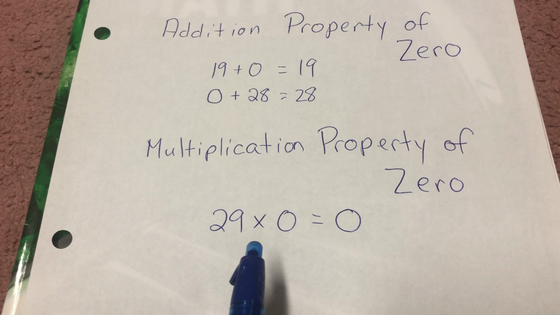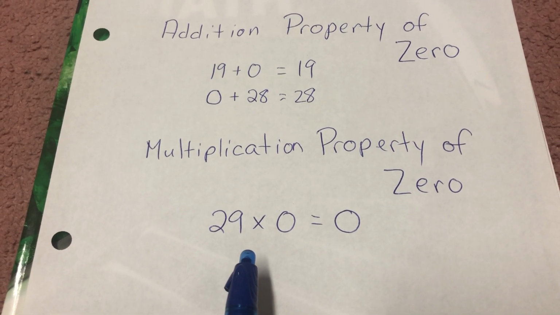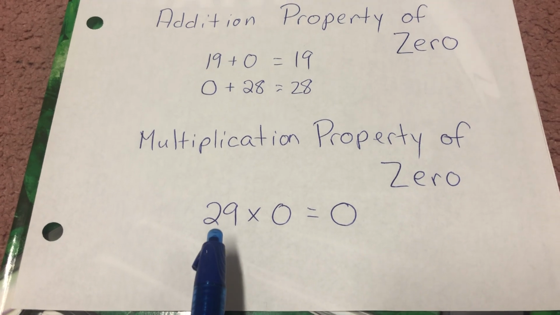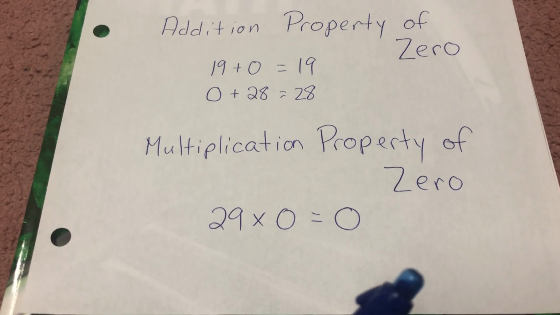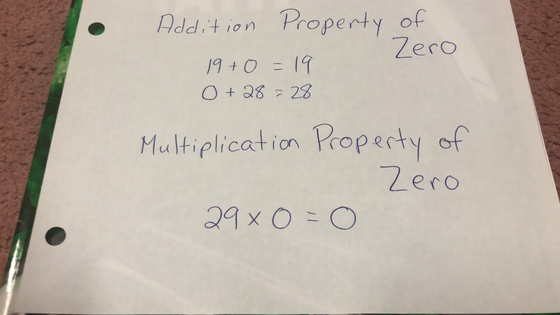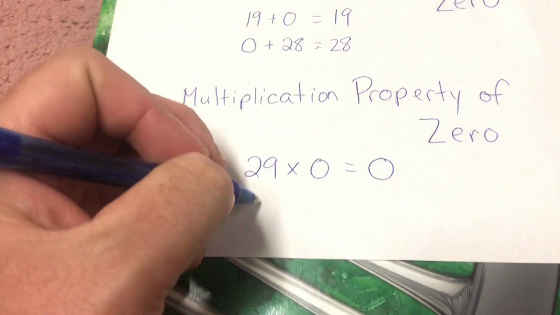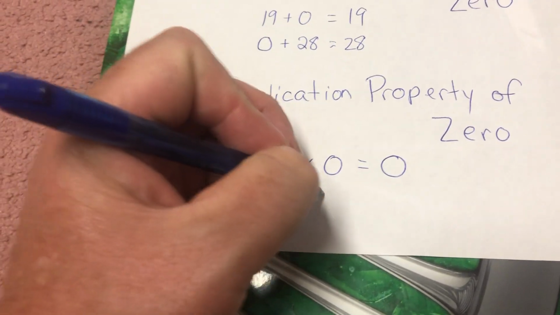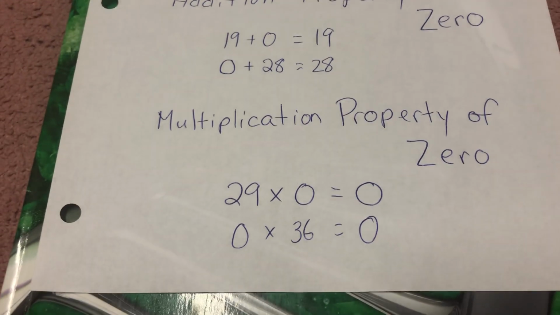It doesn't matter whether the 0 comes first or it's something times 0. Here we have a number times 0 equals 0. Or if we started with 0 and did 0 times 36, that would also equal 0. So it doesn't matter what order it comes in.